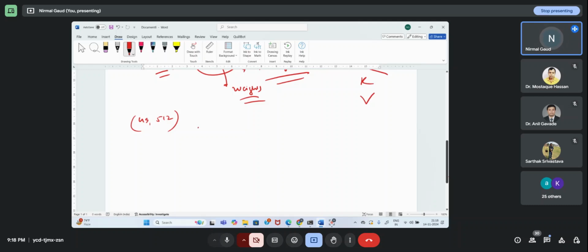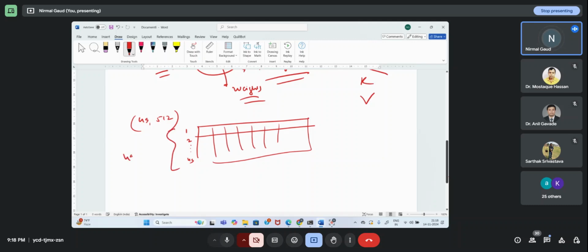As I told, I have 512 features here, and this is 1, 2, 3, up to 49. That means I have 49 tokens here. This is a token, this is a token, which has 512 features.